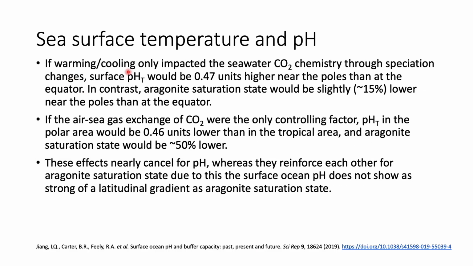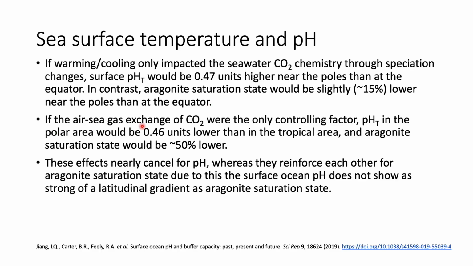So if warming or cooling only impacted the seawater chemistry, let us say if we assume that way, then through speciation changes, surface pH would be 0.47 units higher near the poles than the equator. But on the contrary, the aragonite saturation state would be slightly lower near the poles than the equator, but this is not actually what is happening.